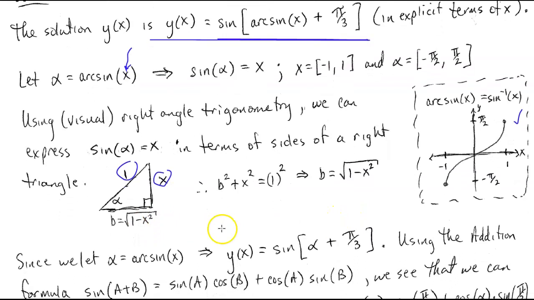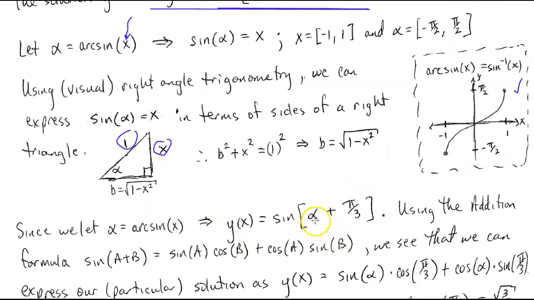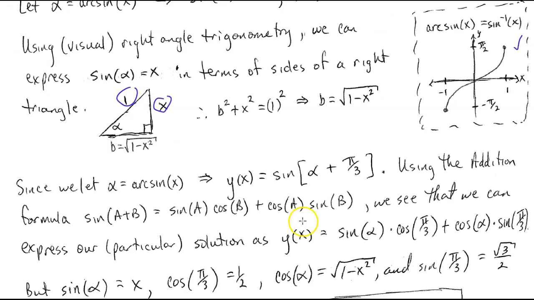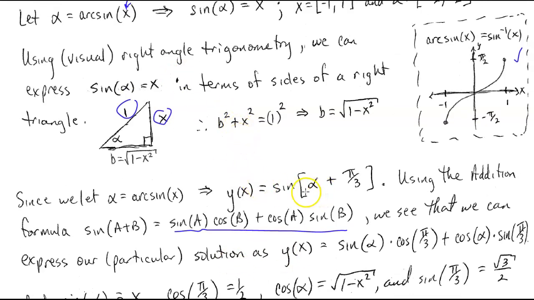And of course, if we were to rewrite this particular angle alpha now, in terms of what we have here, then if we use the addition formula for sine of a plus b, sine a cosine b plus cosine a sine b, we would see that we could rewrite this particular expression here.